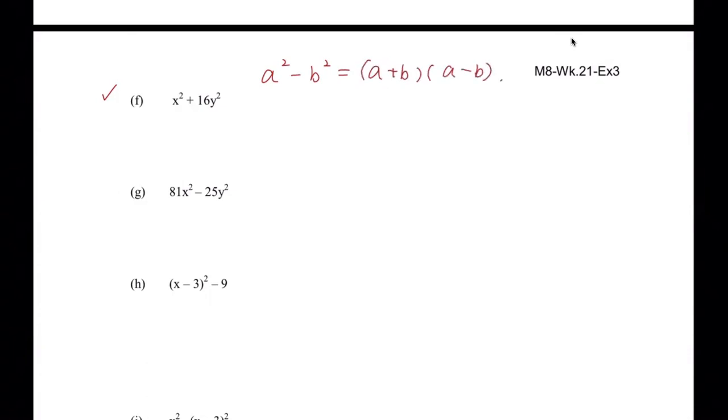Which means the expression must be of the form something squared minus something squared. But in this question, we can see that the sign is plus, okay? Because it's plus here, not minus, we cannot factor this expression. So this is not factorable.